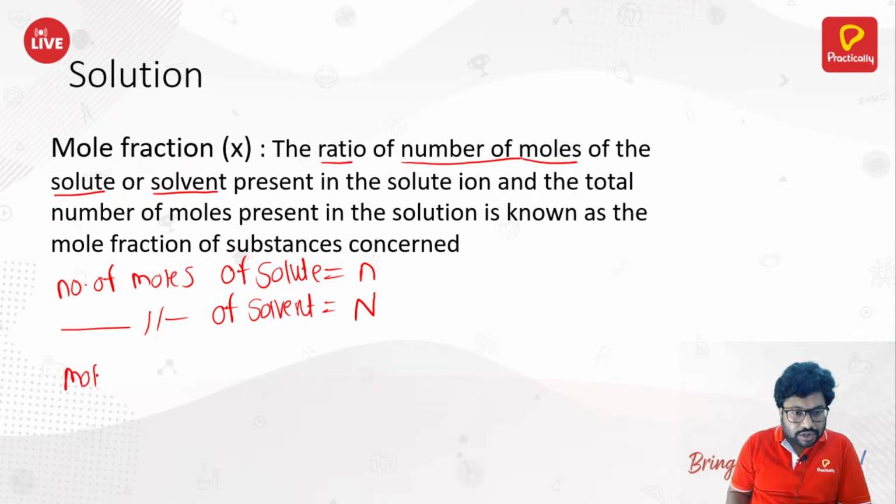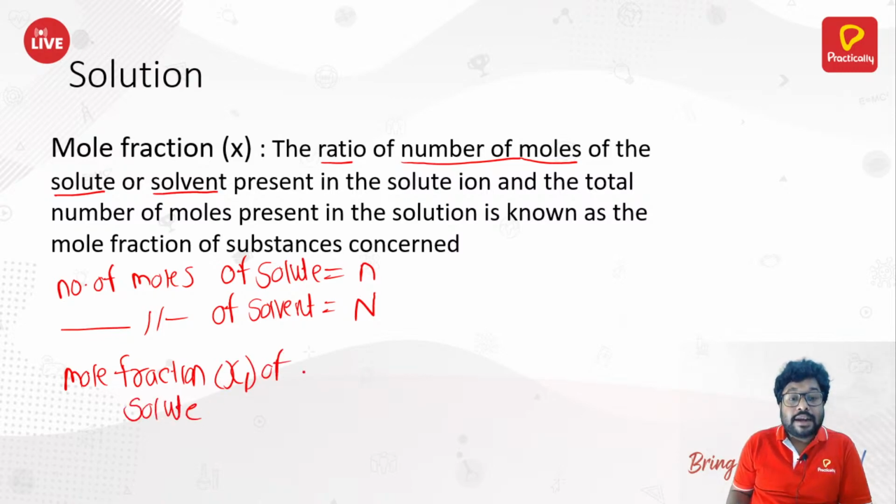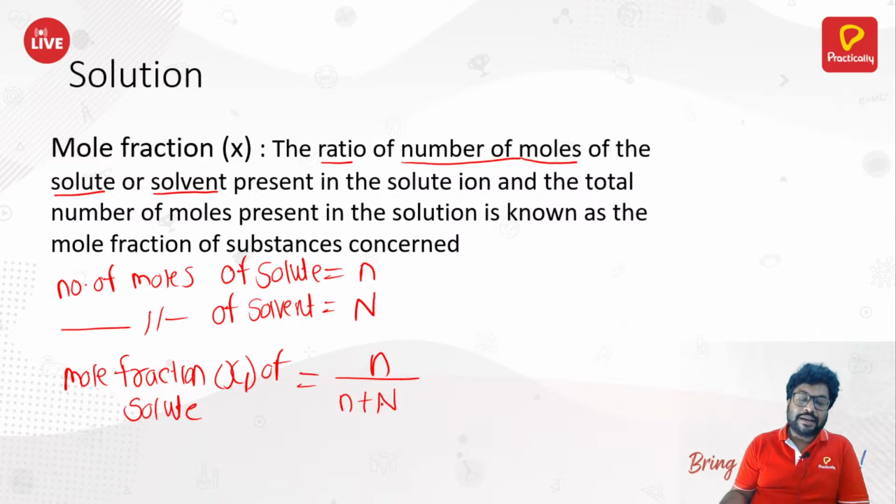Mole fraction is also indicated by the term phi. Now mole fraction phi 1 of solute would be equal to number of moles of solute divided by total number of moles. Total number of moles will be equal to small n plus capital N. Similarly, you can also have a mole fraction.